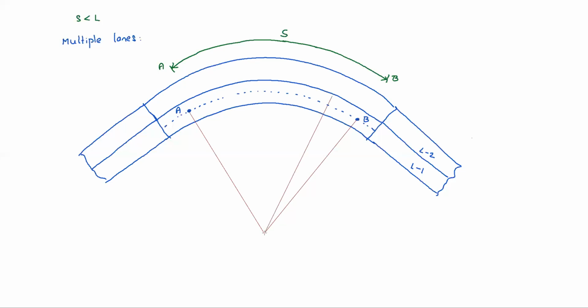R is up to the center line of the road, like this. This is R. This one, center of the road.